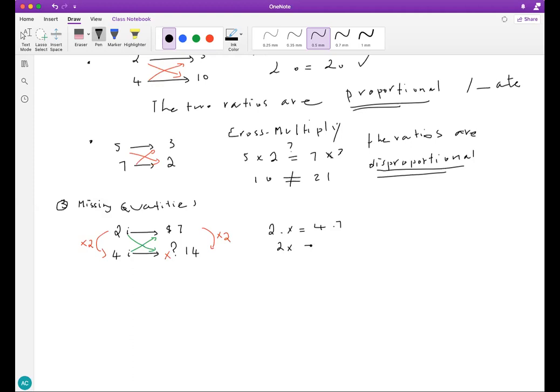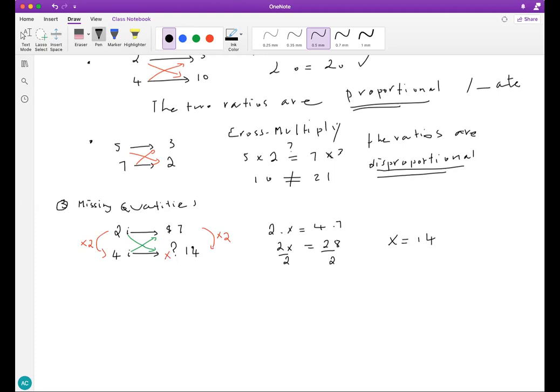That's 2x equals 28. And then we just need to solve this. What do you do to solve this equation? One final step. We find x, we divide 28 by 2. That's right, divide both sides by 2. So we end up with x is 14.